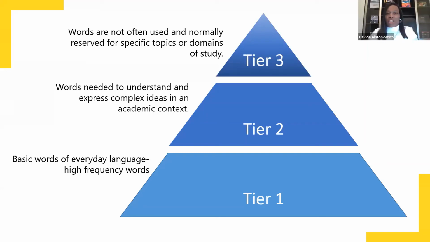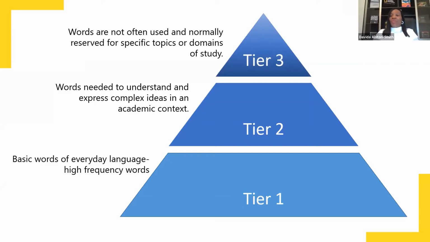So this is that explicit teaching in tier two, where most of our daily instruction, whether it's science, math, or social studies, happens. In order for students to acquire English and to be successful in our classroom, we have to make sure in tier two that we're giving explicit teaching.